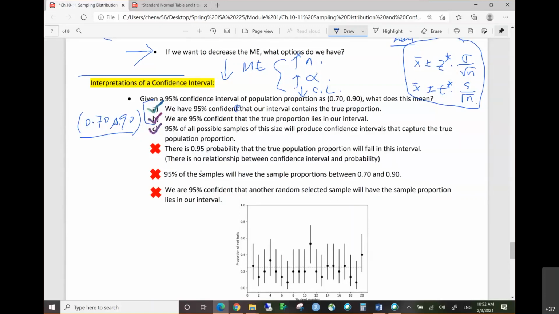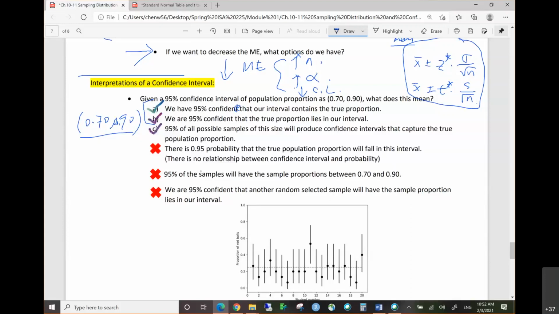This is one way. Another way, a little bit different: we are 95% confident that the true population proportion will lie in our interval. Right, so that gives a meaning to our results.